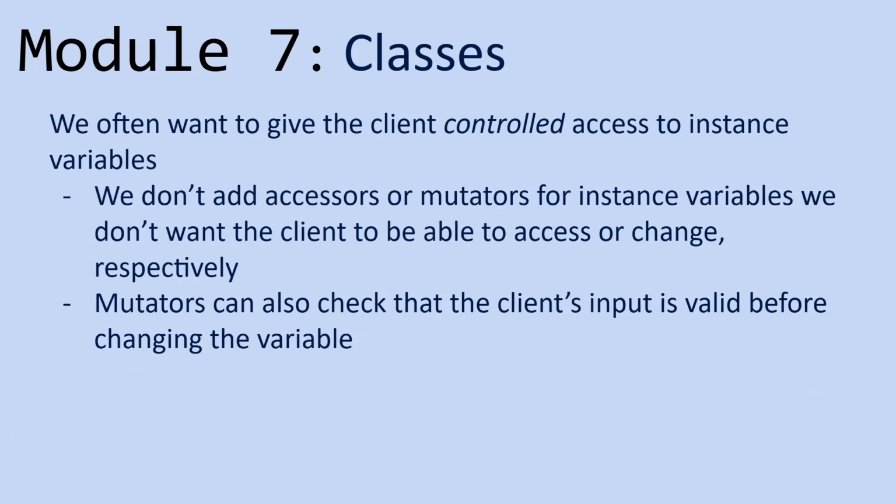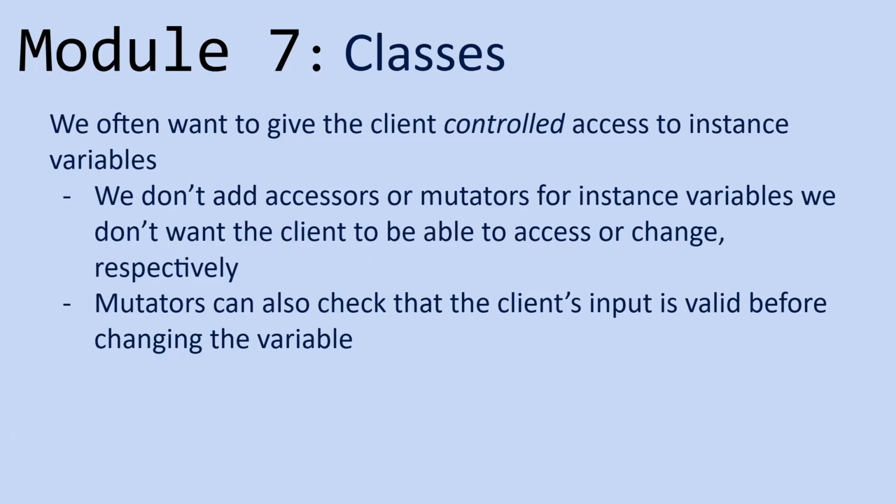So, of course, there are some instance variables you wouldn't want to have getters and setters for at all. So we don't add accessors or mutators for instance variables we don't want the client to be able to access or change, respectively. And even in cases where we do want the client to be able to see this data and change this data, mutators could check that the client's input is valid before changing the variable.